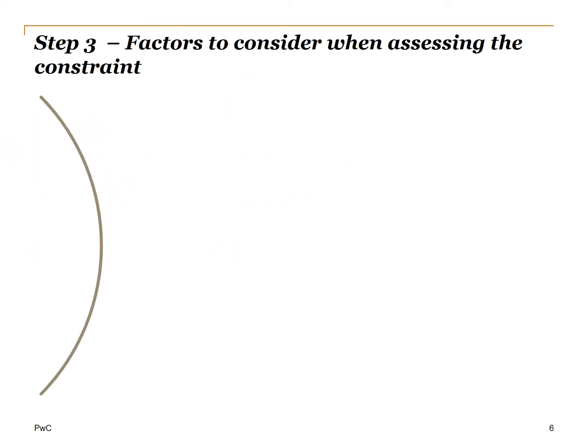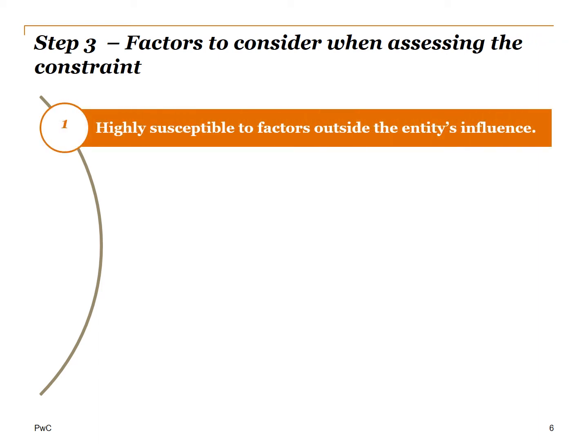To facilitate the assessment of the constraint over variable consideration, IFRS 15 provides factors to consider. Factors that could increase the likelihood or magnitude of a revenue reversal include, but are not limited to, any of the following. The amount of consideration is highly susceptible to factors outside the entity's influence.